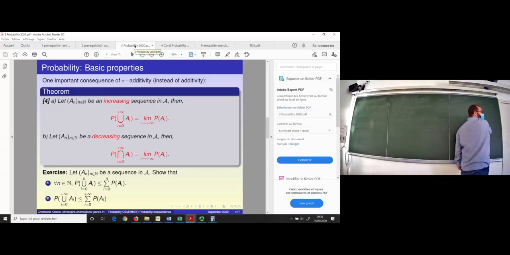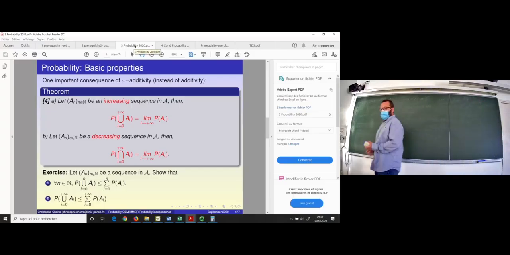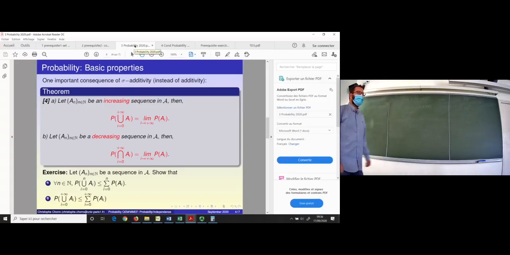Okay, so it's the little exercise at the end of slide number 4, concerning the definition of a probability. And I have two things to prove. So my statement is the following. I have a sequence in the set of definition of my probability.